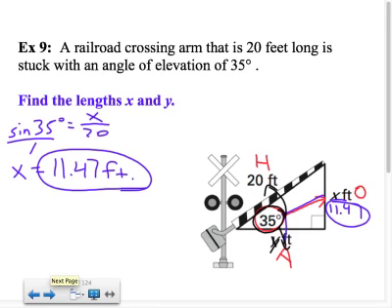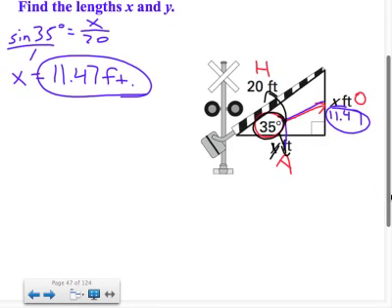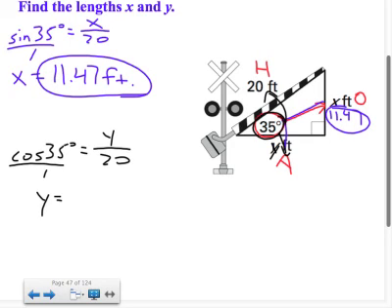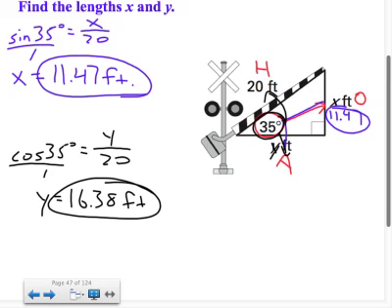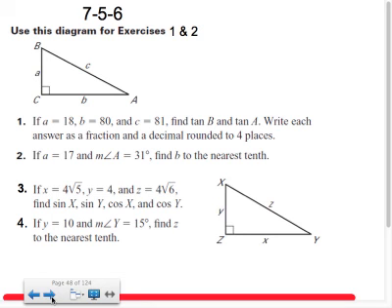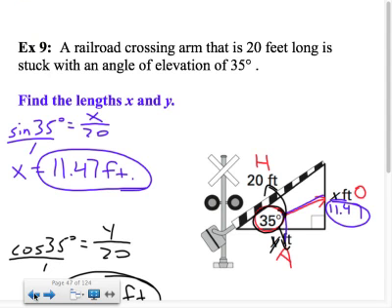So those are the two pieces you're going to want to use. So the way you'll set up for y is you're going to say cosine 35 equals y over 20. And again, put this over 1, cross multiply, y equals 20 times cosine 35, and that's 16.38 feet.